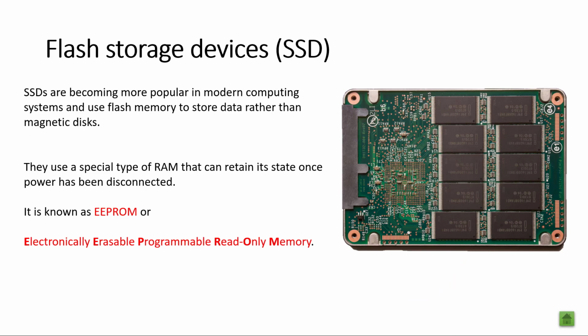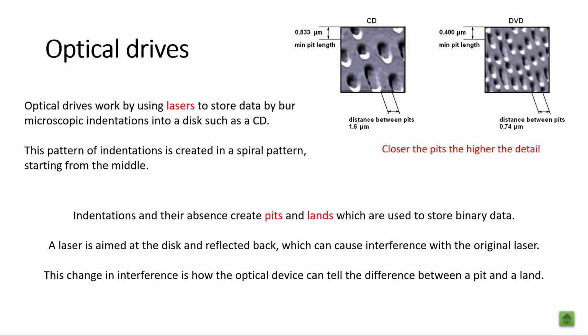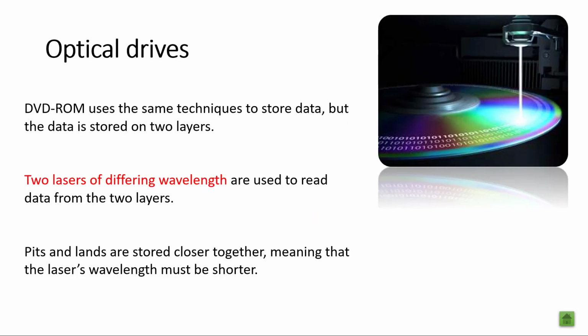Well, it's more durable because it doesn't have moving parts. It is more expensive, but it is much faster because we're transferring at the speed of electricity rather than physical movement. Flash storage, optical drives, that includes Blu-ray discs as well.